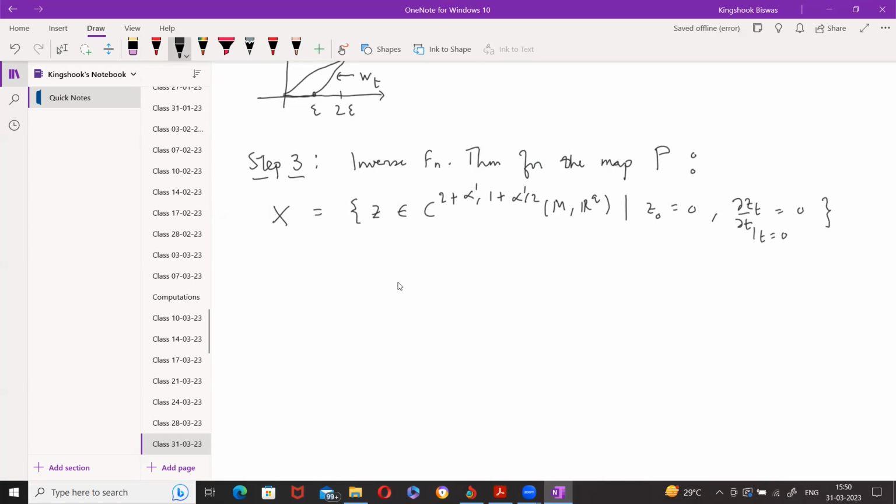This is also a Banach space. And then you have Y, which is the set of K in C^{alpha prime, alpha prime by 2}(M x Q), such that K naught is 0.